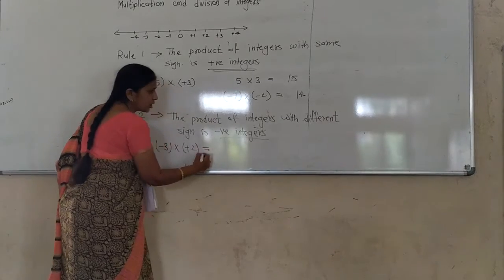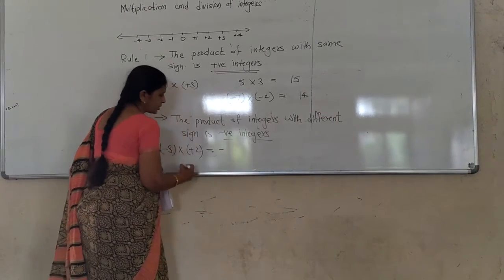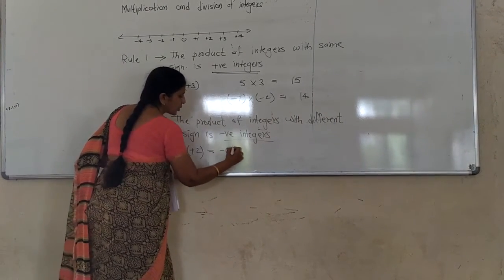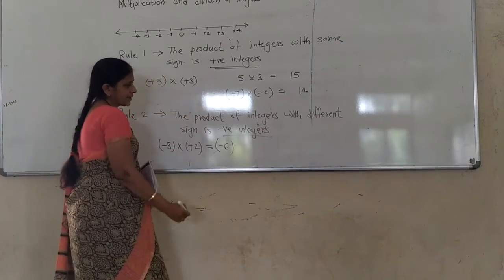Then we will get the product as a negative integer. 3 2s are 6. So our answer is minus 6.